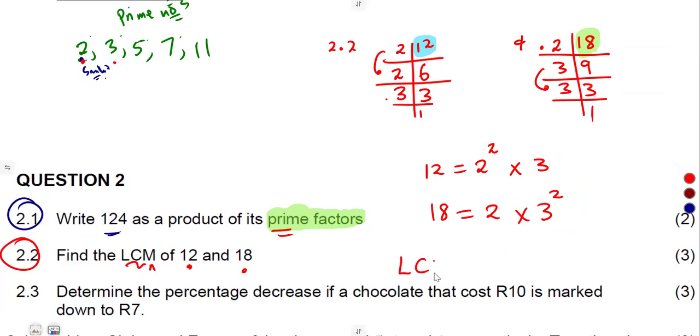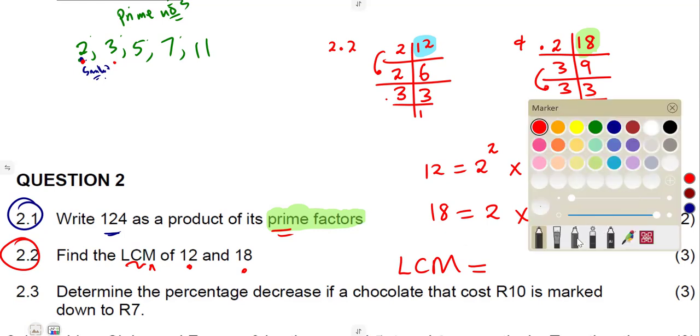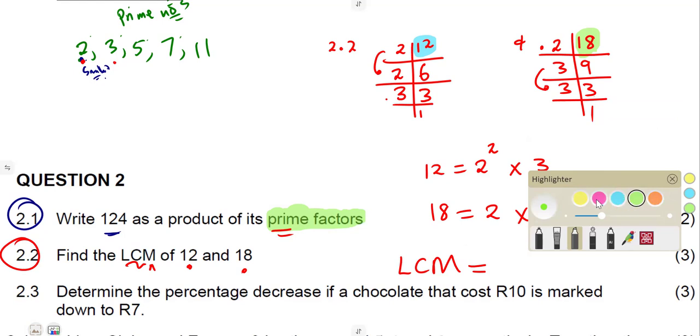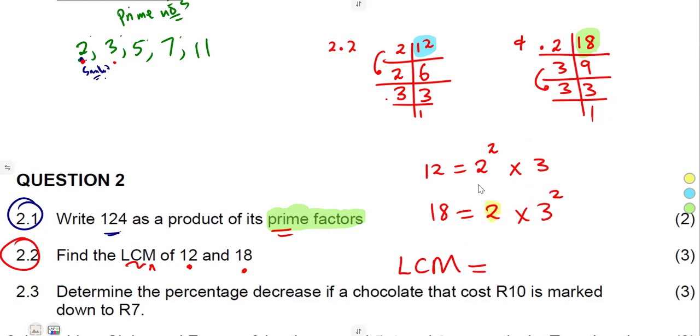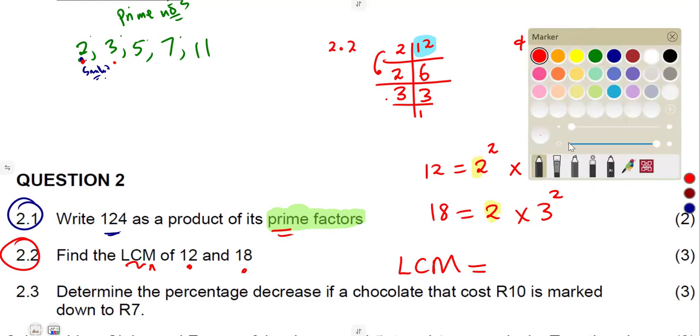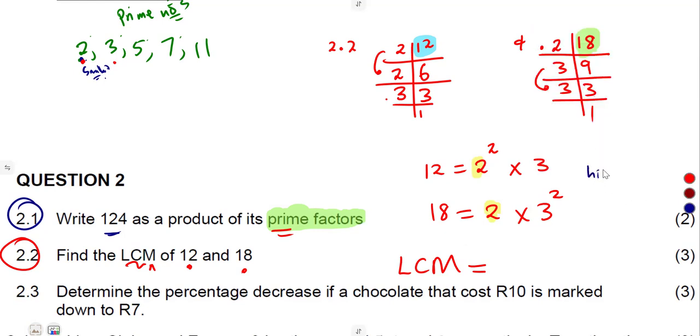So how do I determine the LCM? Remember, I told you guys that the LCM, when we have a condition that the numbers that you are given are common, you take the one with the highest power. These two is common. When it is common like this, you are going to take the one with the highest power. You consider the highest power exponent.